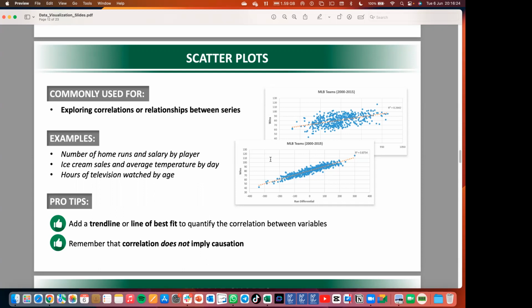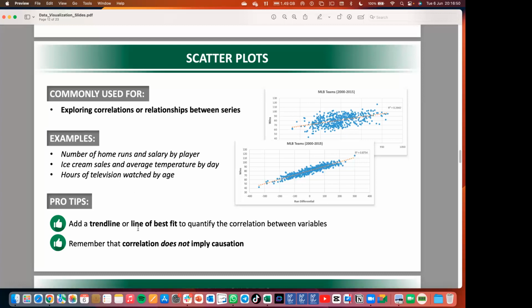Kids will want to watch for more hours than the elders. So if you plotted such a graph, you'll see it having a negative coefficient, a negative correlation.